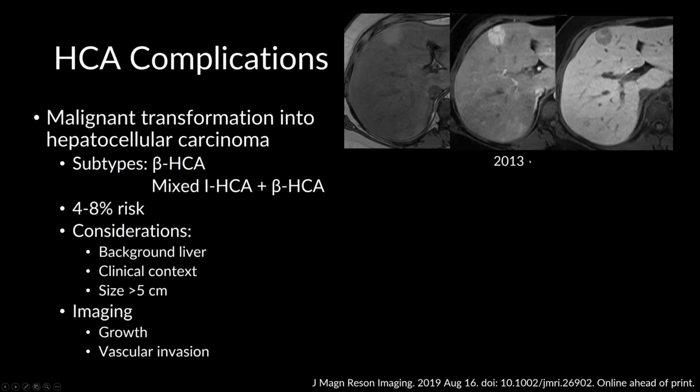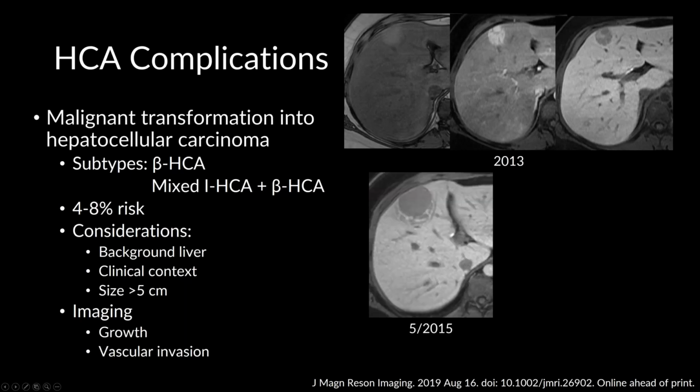So this is an example from 2013 where we have a lesion in the background of steatosis. It is enhancing on the arterial phase, and then there's some washout on the delayed phase, and maybe some internal enhancement or contrast in the sinusoids. The patient is followed up.